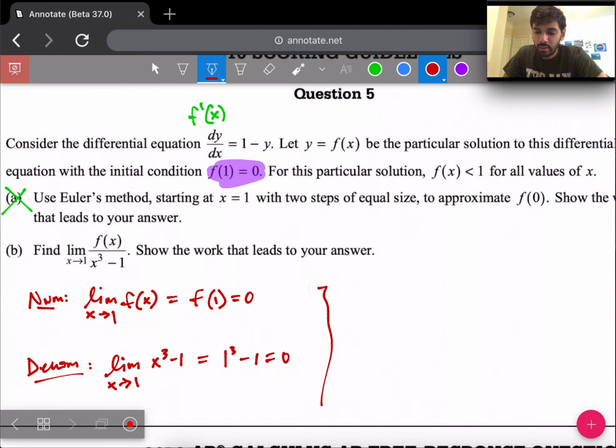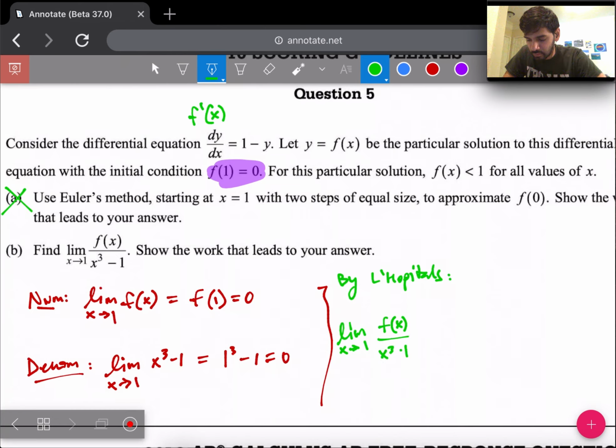Okay, I've shown the 0 over 0 indeterminate form. Now I can start using L'Hopital's rule. So I'm going to say by L'Hopital's rule, I have that the limit, the original one, as x is approaching 1, f of x over x cubed minus 1.